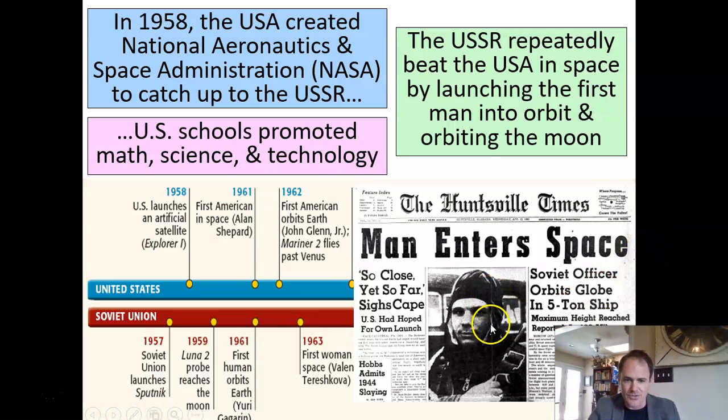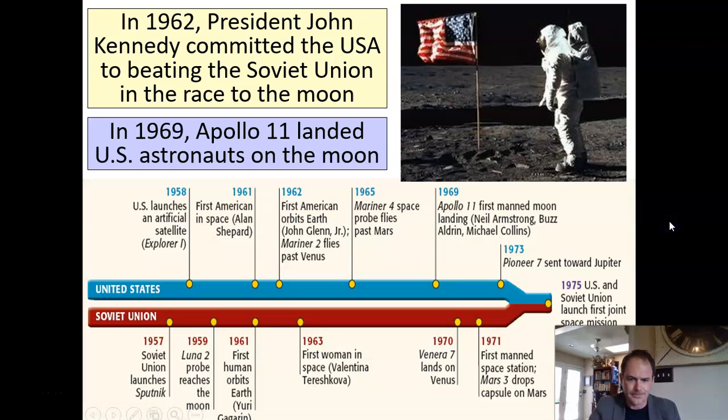His name is Yuri Gagarin. In 1961, Alan Shepard is not far behind him as the first American. And in 1962, President John Kennedy commits the U.S. to beating the Soviet Union in the race to the moon, which in 1969 is a success. In the Apollo 11 moon landing, you see Neil Armstrong there.